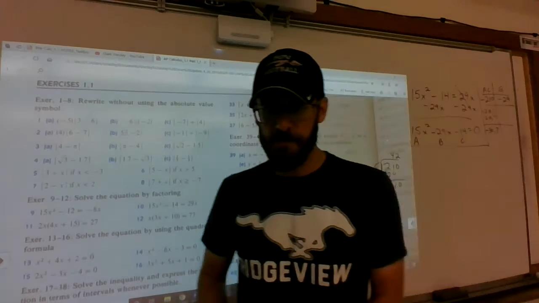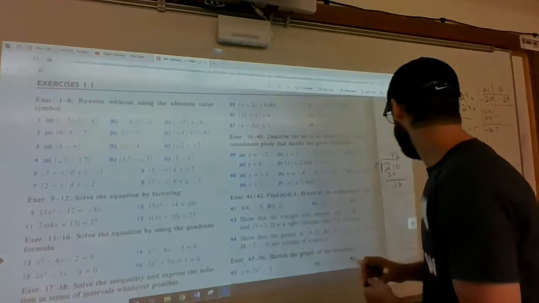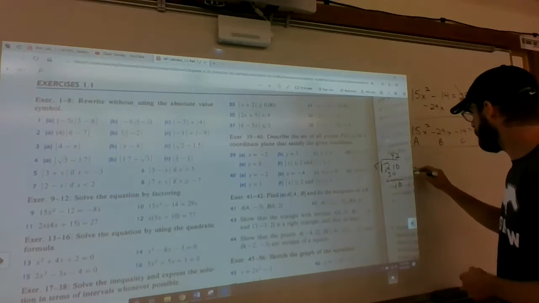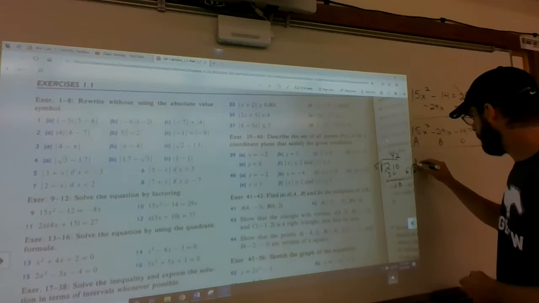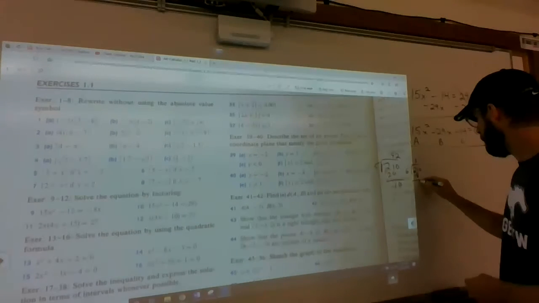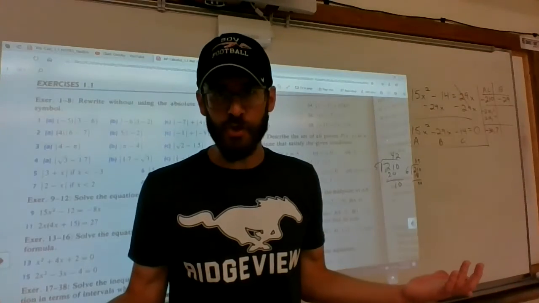It does, but the difference is 37, so that's too far. Does it divide 6? There we go. 35 minus 6 is 29.